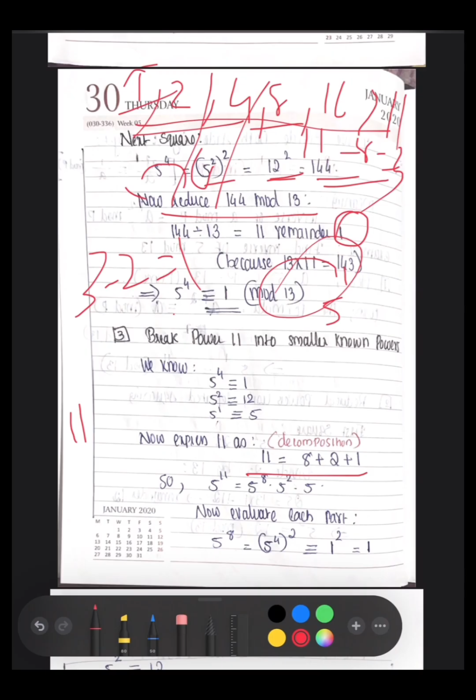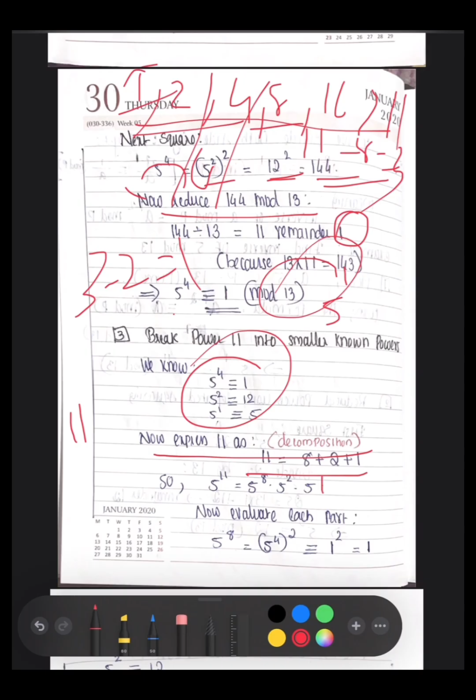Then move on to Fermat's little theorem. In this case, we have found three equations: 5 raised to 4 is congruent to 1, 5 squared is congruent to 12, and 5 raised to 1 is congruent to 5. Now express 11 as the decomposition 11 equals 8 plus 2 plus 1. So 5 raised to 11 will be 5 raised to 8 times 5 raised to 2 times 5 raised to 1.